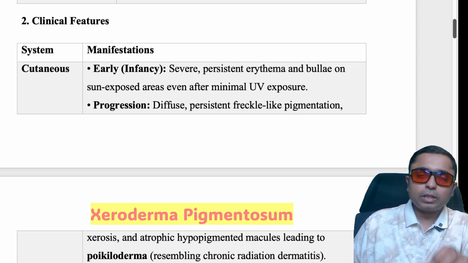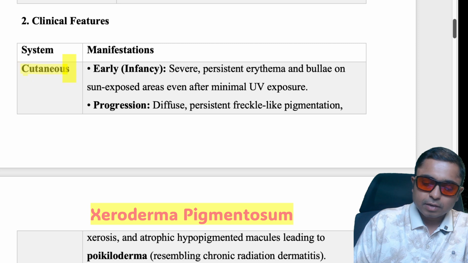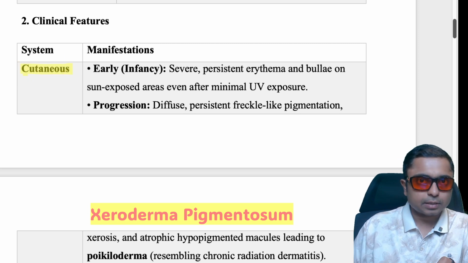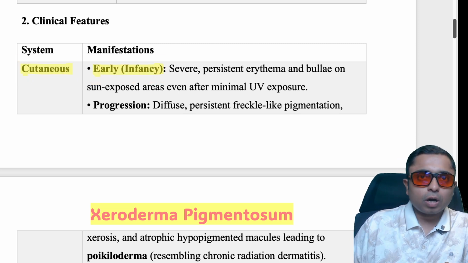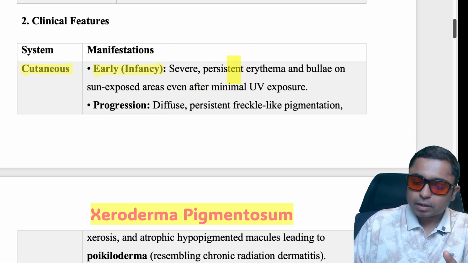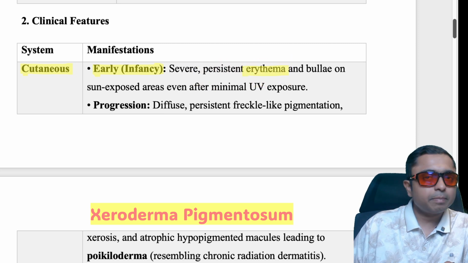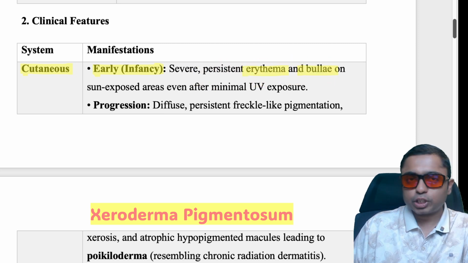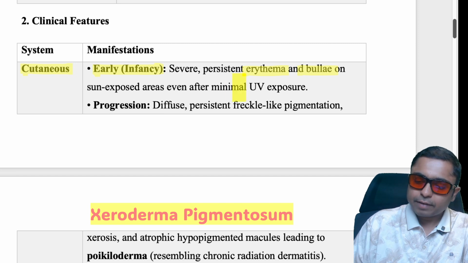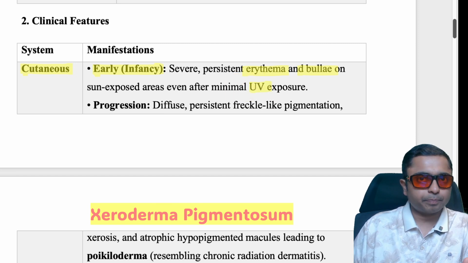Right? So coming to the clinical features, obviously the first and foremost we are going to see the cutaneous features. Early on we can see the children, that is infants, to have erythematous skin along with bullae formation on the sun exposed areas even after minimal ultraviolet exposure.